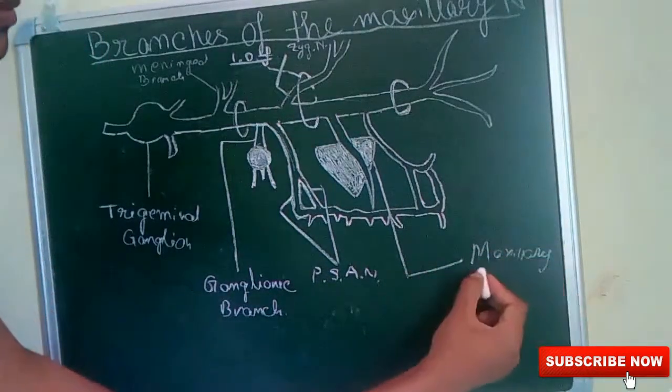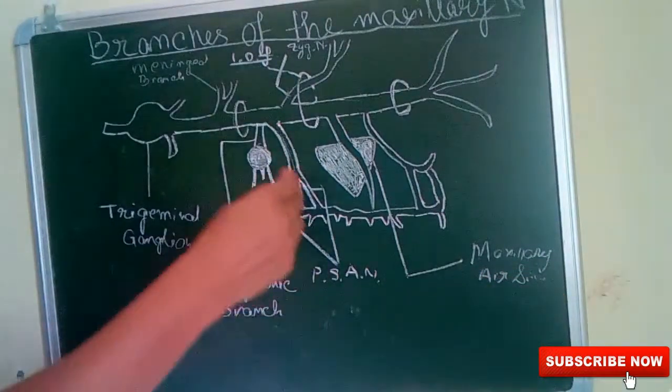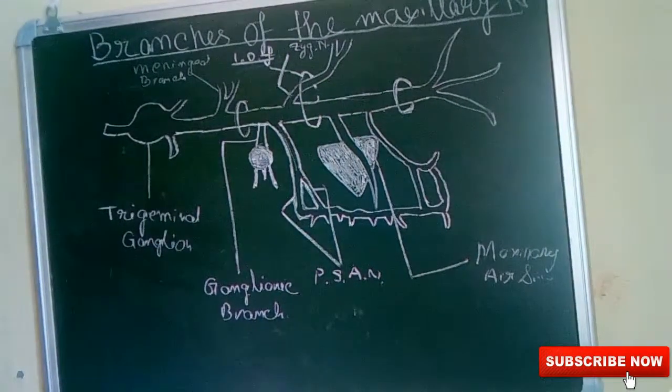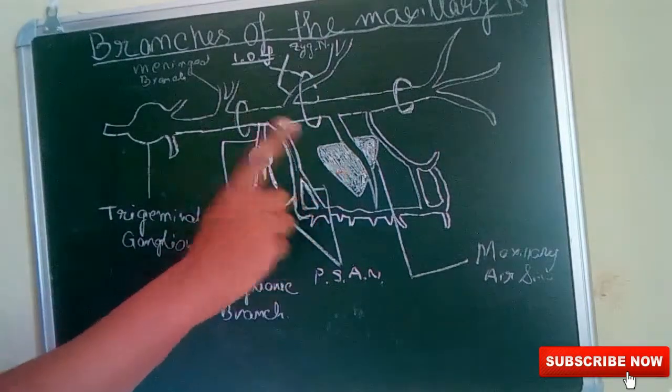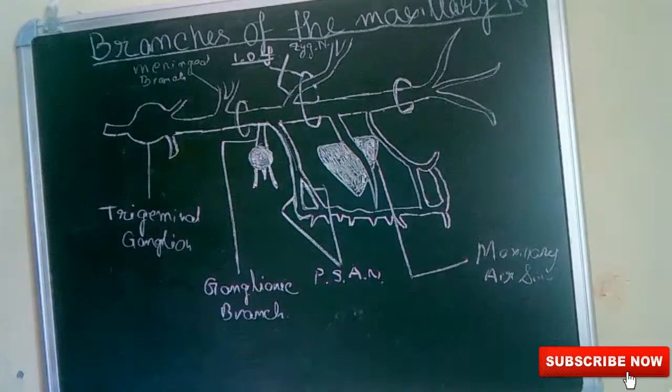It supplies the mucous membrane of the maxillary air sinus in the body of the maxilla. Then it breaks up to form the superior dental plexus.